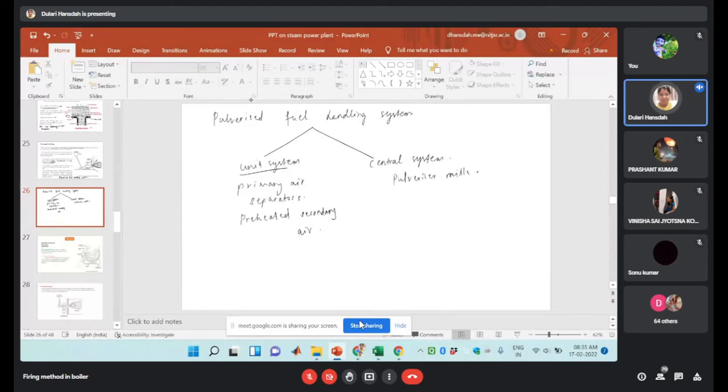We do not have any secondary air. Okay, so that is your central system. Central system means the coal of different sizes will be supplied directly to the burner. In this case, we will use only the primary air. There are different pulverizers available.